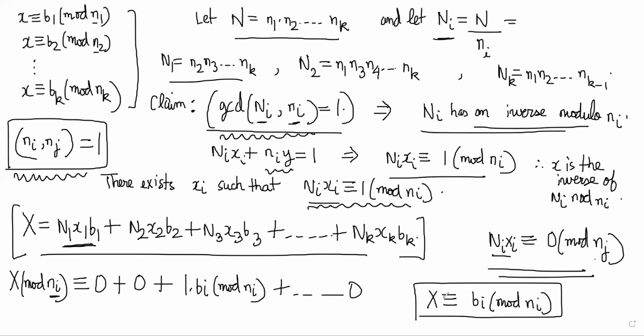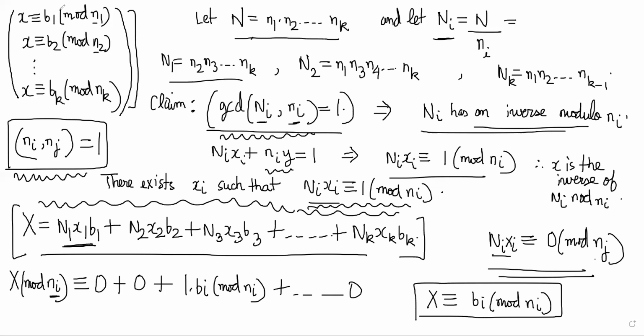So what we have shown here is, look, this was the original congruence, and we have actually constructed the number that will solve those congruences. We started off by taking the product of all of those n1, n2, nk, and constructed Ni to be N by ni.